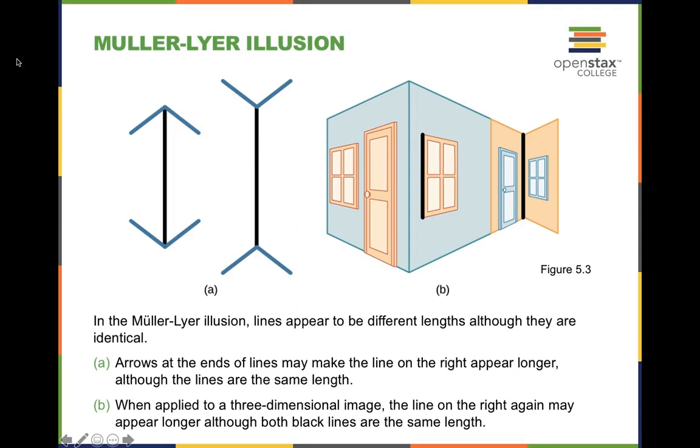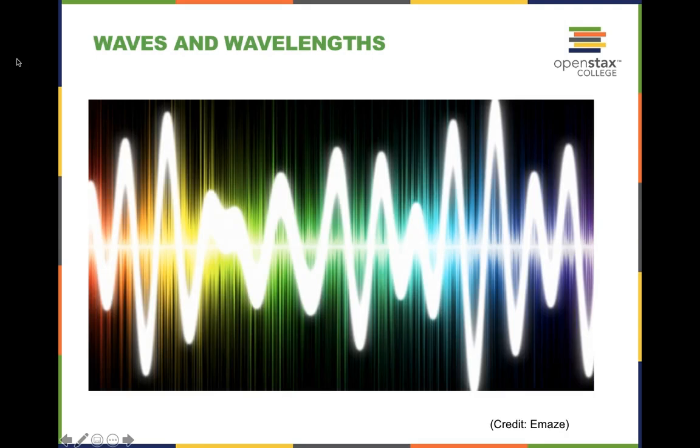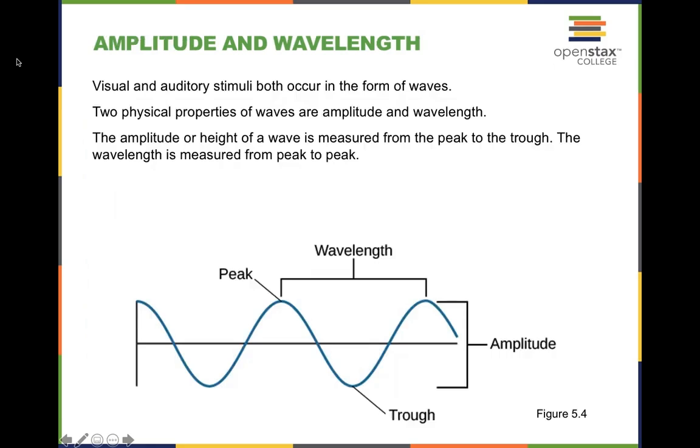And that's why we don't rely on the eye test whenever we're building things, because although something may look like it's even, it's probably not. So we need measurements and tools to help us measure things. Okay, let's look at waves and wavelengths, because how we experience visual and auditory stimuli is both in the forms of waves.